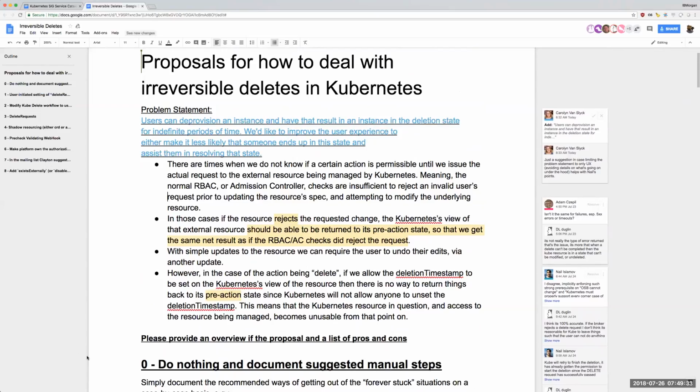So my concern with that problem statement is that it assumes we're going to allow the user to get into what I would call a deleted state or a bad state, right?